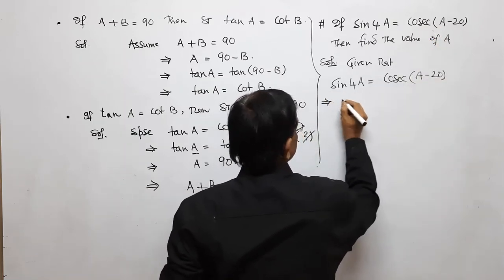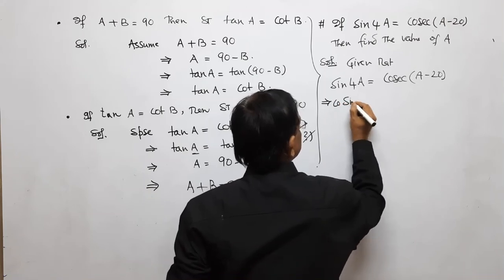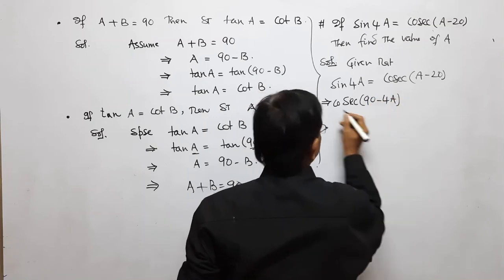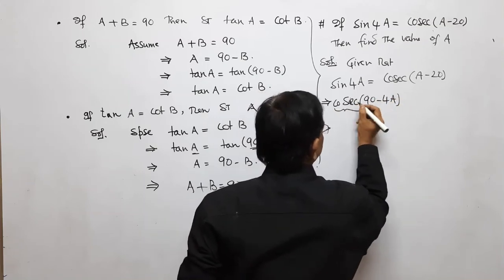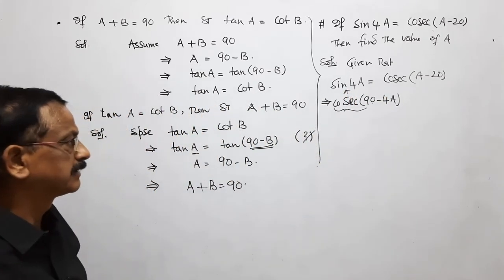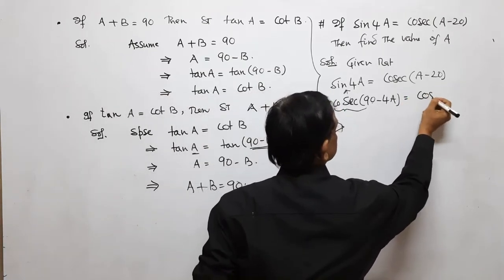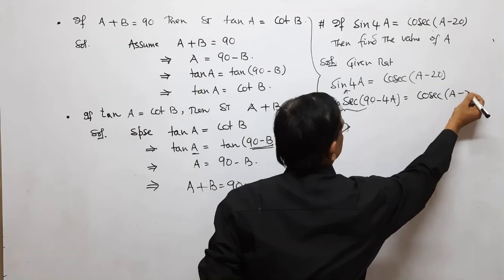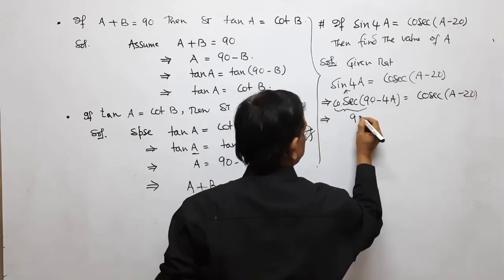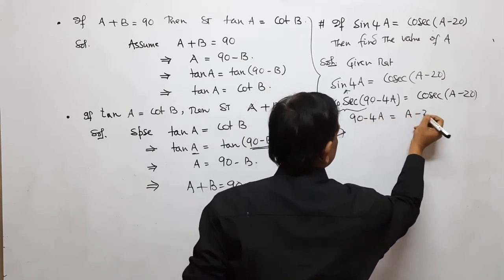This implies I can write sin 4A as cosecant of 90 minus 4A, because cosecant of 90 minus A will become sine. So cosecant of 90 minus 4A is sin 4A, which is equal to cosecant of A minus 20. This implies 90 minus 4A is equal to A minus 20.